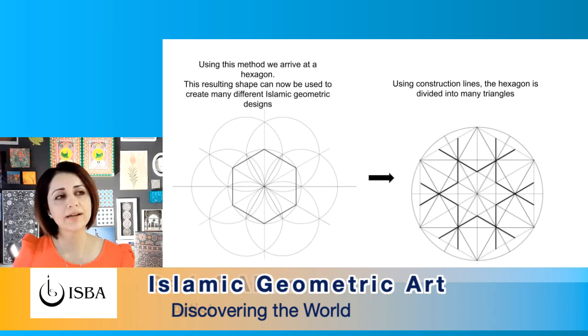They are the lines that help you construct the ending pattern. So these construction lines are drawn from the intersections of 2 lines to the intersections of another line. And basically that's what guides your whole pattern. Next slide, please.